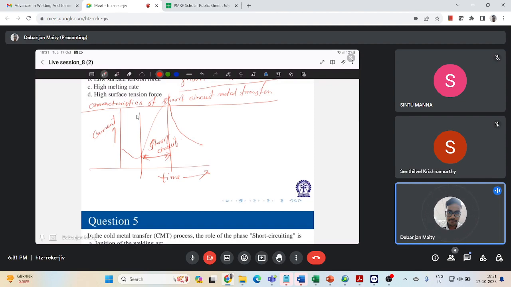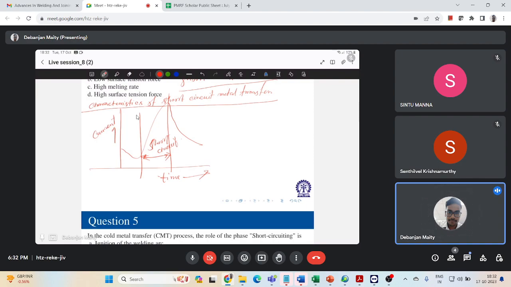So if it is drop by drop deposit, basically the wire is retracted, the instant current flows, and it breaks the arc. The metal droplet then detaches from the filler and fuses with the molten base metal, and again the wire moves forward to create another arc.